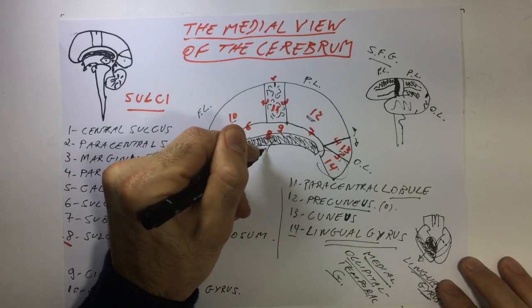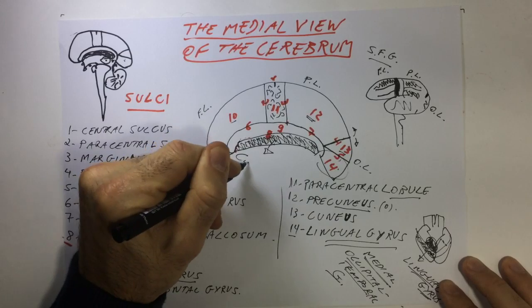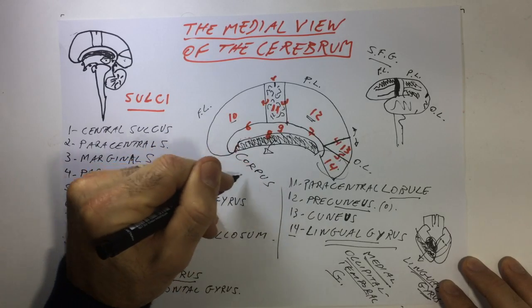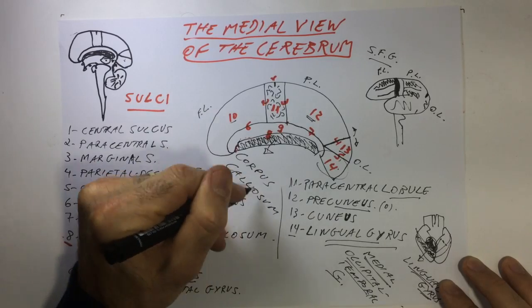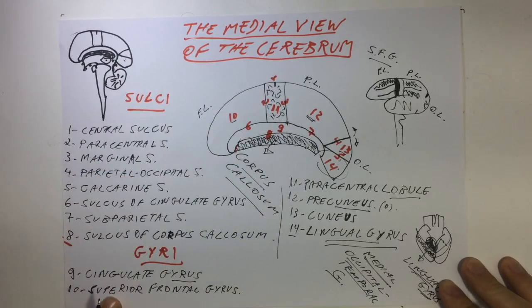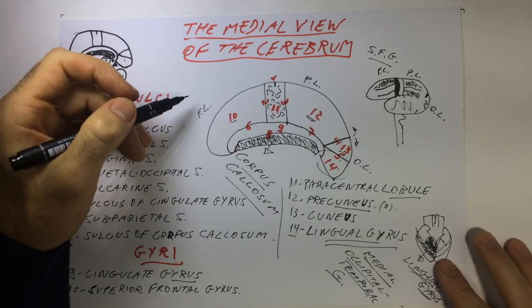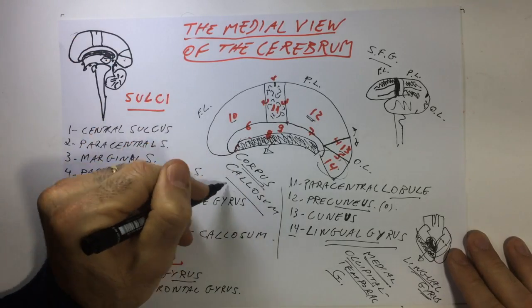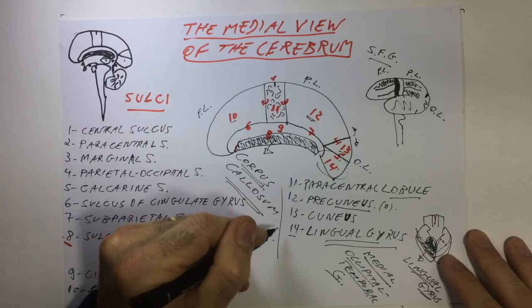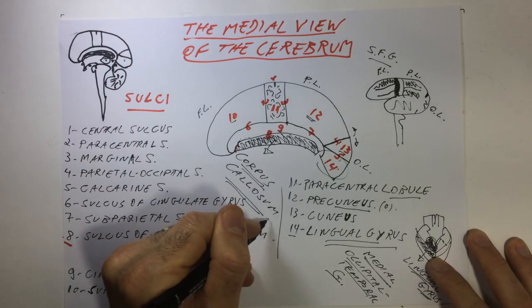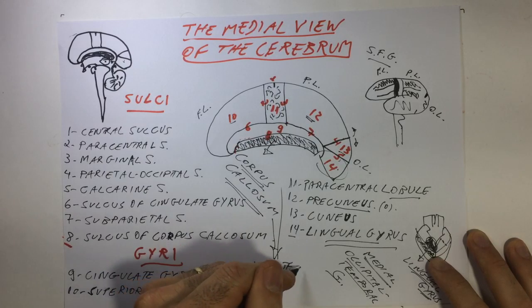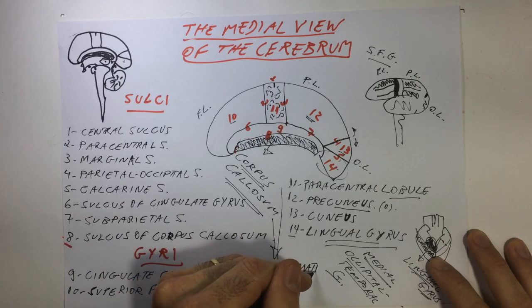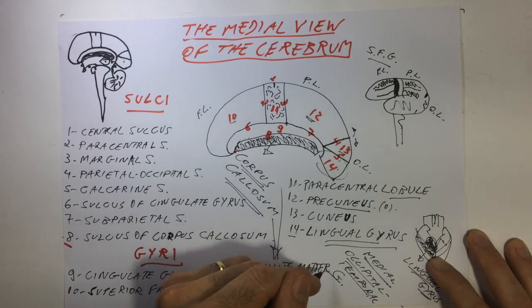Other than that, of course, as I said before, we have the corpus callosum. Corpus callosum. That is not a gyrus, it's not a sulcus, it's the corpus callosum, made up of white matter. So, corpus callosum, white matter.